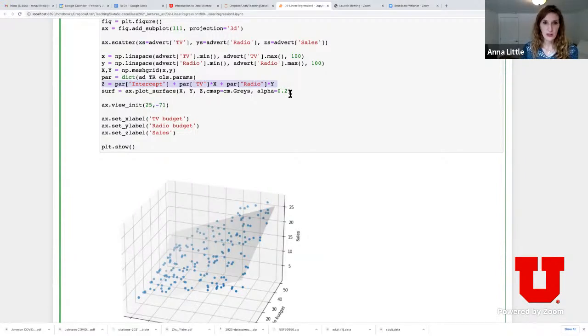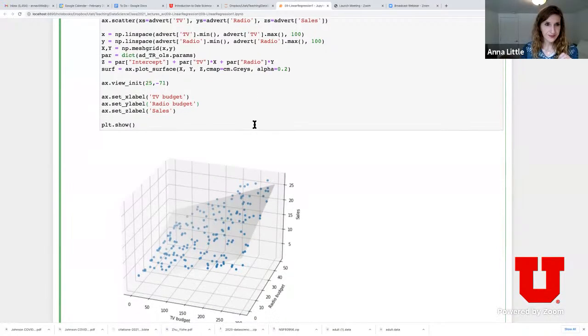And then you can do a surface plot, and this parameter will make the surface a little bit transparent so you can see through the surface and still see the data points.